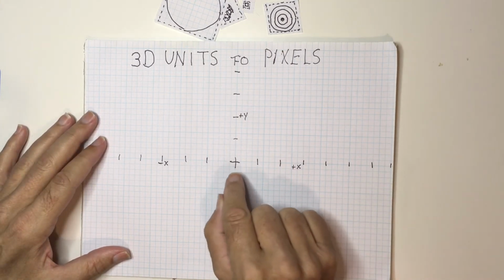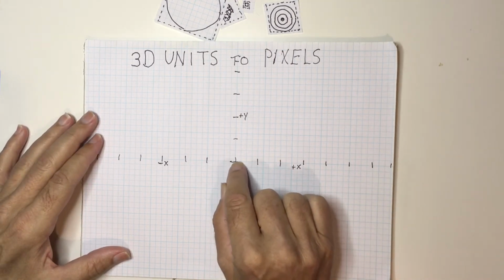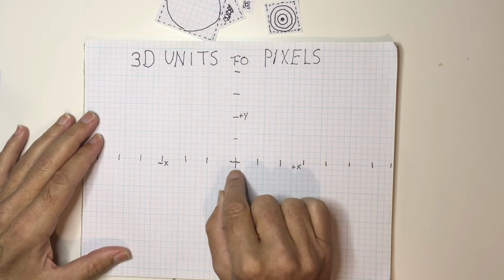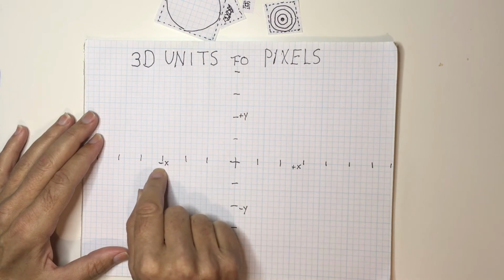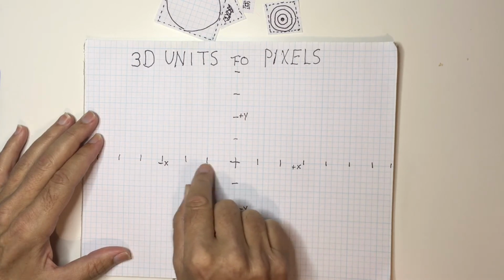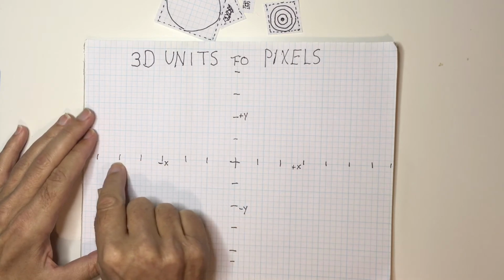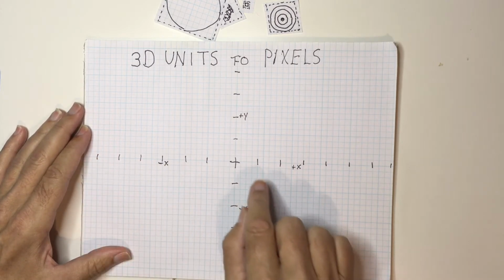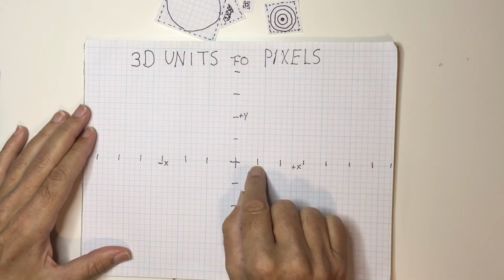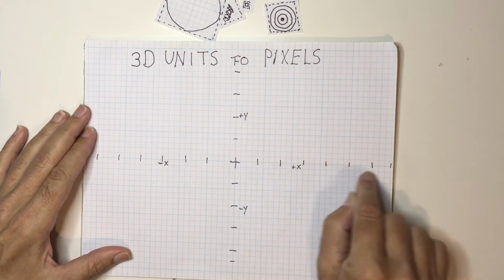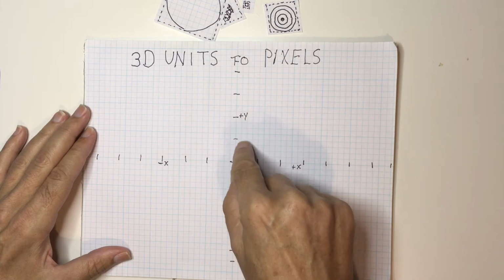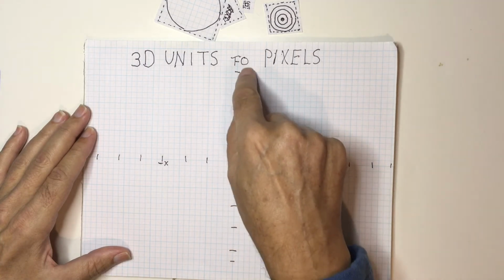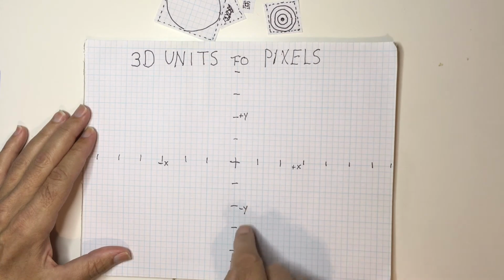But the game in 3D units has 0, 0 in the center of the screen, and then anything to the left here is going to have a negative x value, like -1, -2, -3, -4, -5, -6. And this way it's positive, +1, +2, +3. And then this is the y, so it's +1, +2, +3, +4, -1, -2, -3, -4.